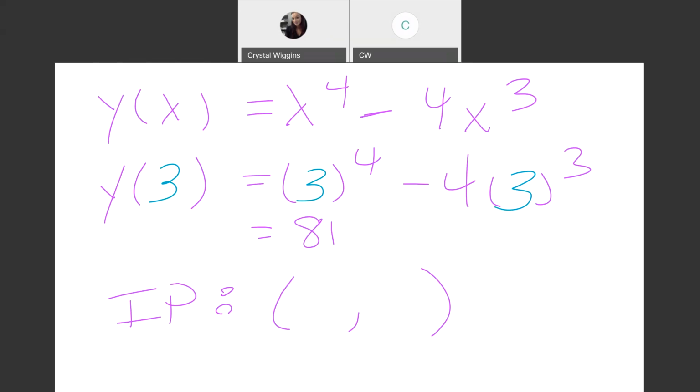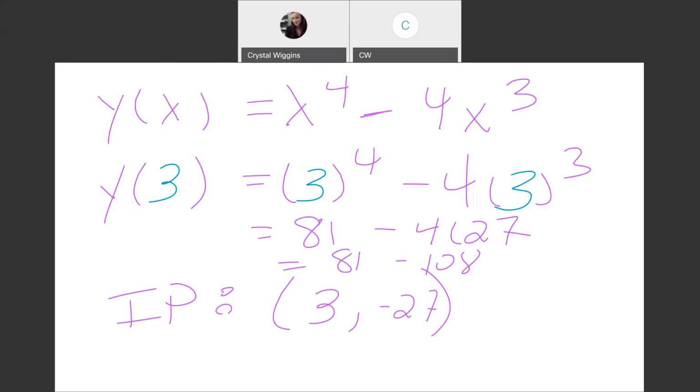And we have 3 cubed, 27. So we have minus 4 times 27. 27 times 4 is 108. So we have 81 minus 108. 81 minus 108 is negative 27. So we have our minimum critical value is the point 3 comma negative 27.